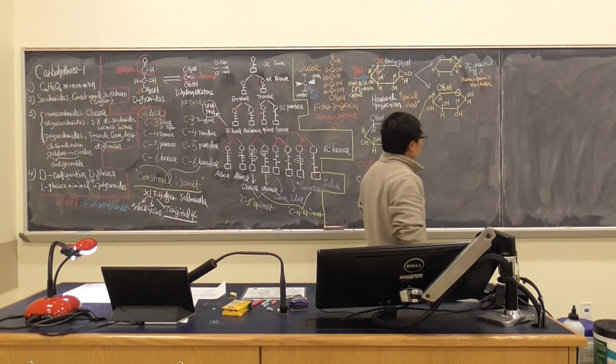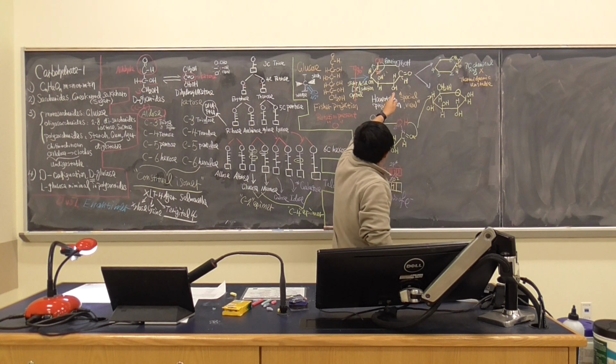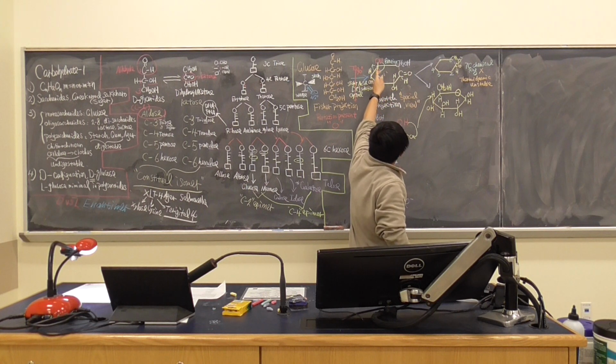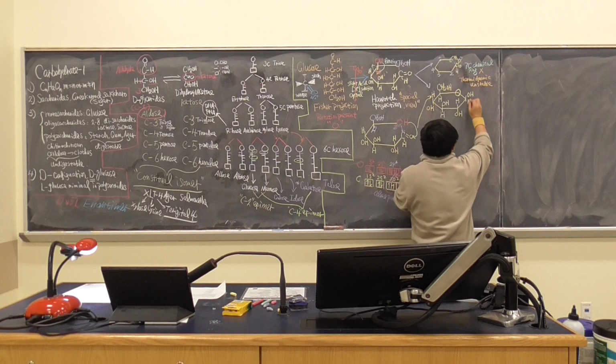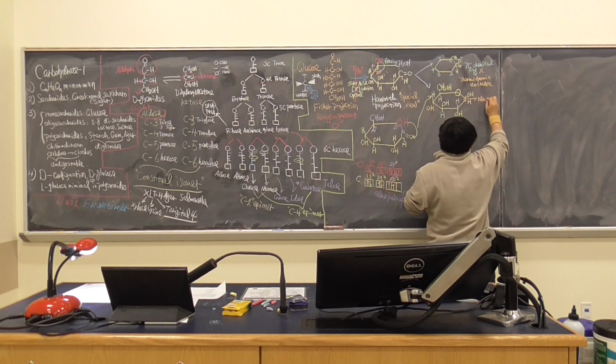And what else can it tell us? You had carbon chiral centers 1, 2, 3, 4 originally. And here you have a new chiral center.